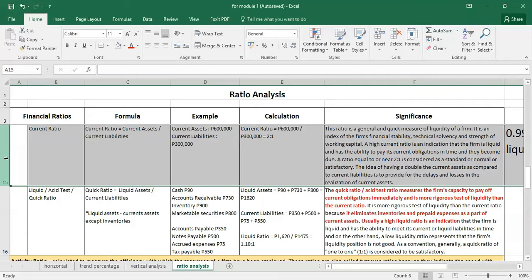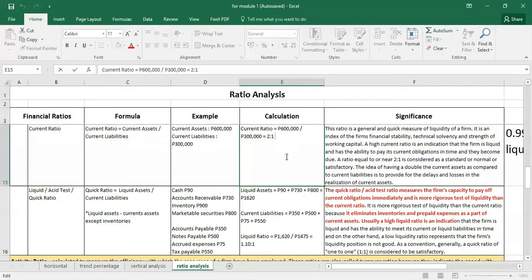Pero, be cautious lang din kasi may mga times na sobrang taas ng current ratio. Halimbawa, ang nakuha mong current ratio is 5:1. So, pag masyadong mataas ang current ratio, hindi din siya maganda implication. Bakit? Ibig sabihin lang nito, hindi na-utilize, hindi nagagamit ng maayos ng firm yung mga current assets niya.